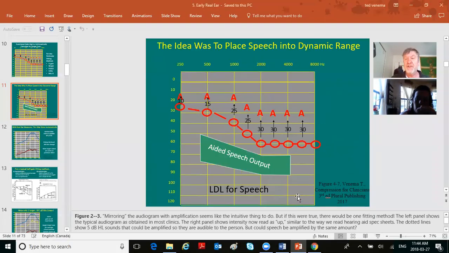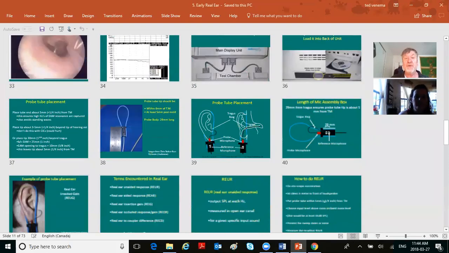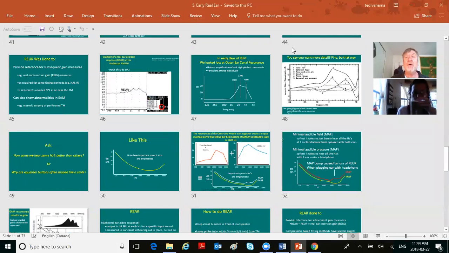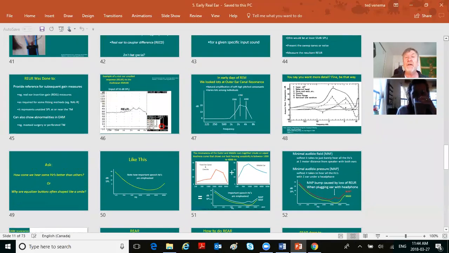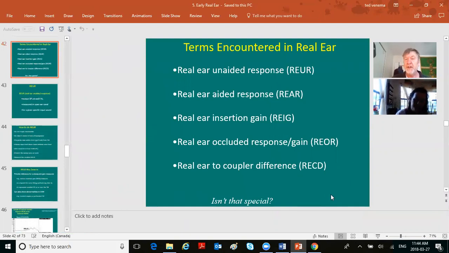So let's move on to describe how we did yesterday's real ear. Basically, this is what they did. Let's move on down. Whoa, a little bit too far. Here we go. The terms used in yesterday's real ear. Commit these to your mind and memory, okay? Especially the top three. R-E-U-R, R-E-A-R, real ear insertion gain.